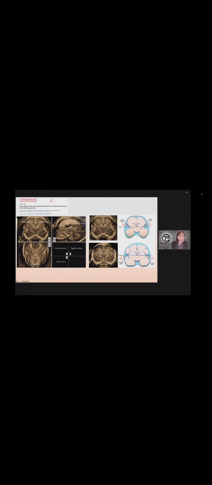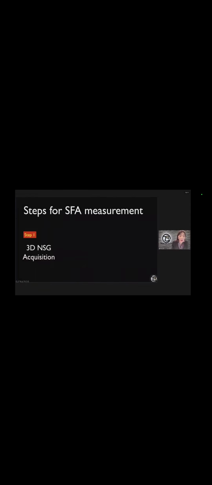And this is the already published data, the published article, and the steps for the SFA measurement. The first step is acquisition. The second step is to set the consistent plane, and the third is measurement. So the first step, the 3D neurosonography acquisition via the anterior fontanelle.